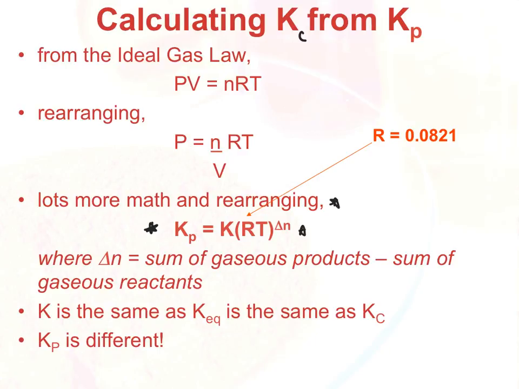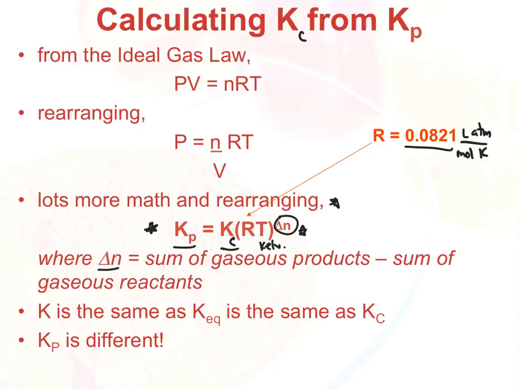But this is the equation that you're going to utilize. Kp is equal to your Kc times your ideal gas constant, which is this one right here, in liters atm per mole Kelvin, times your temperature in Kelvin, all to the power of delta n.